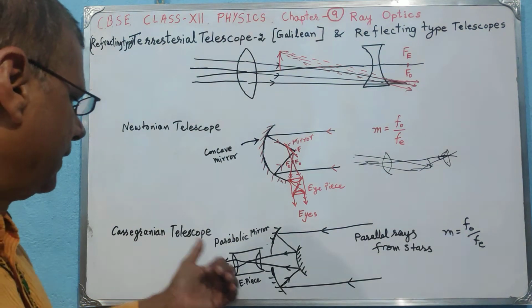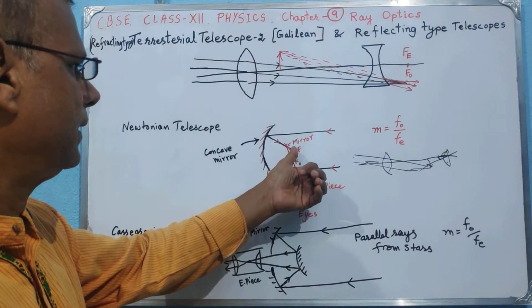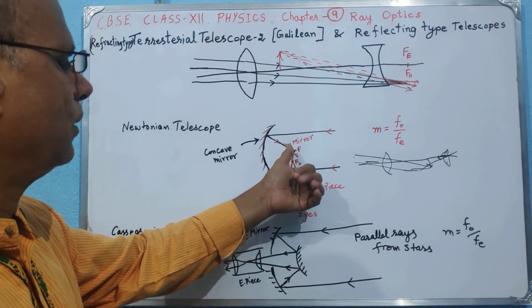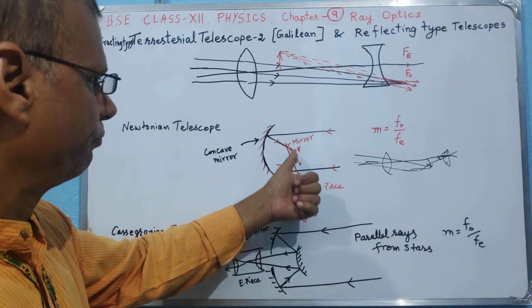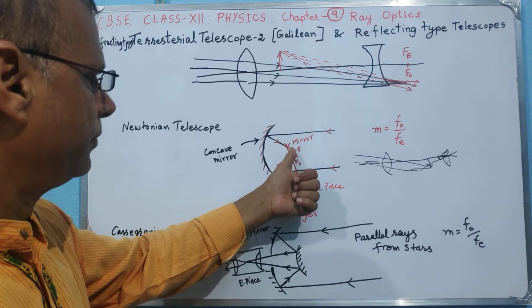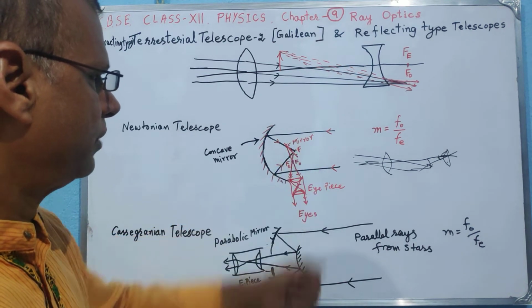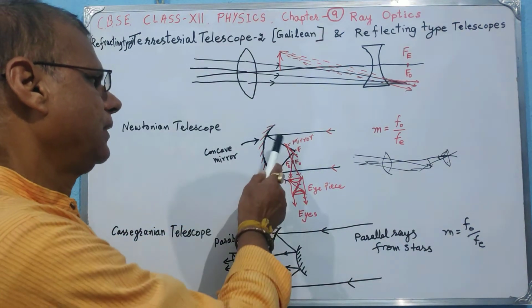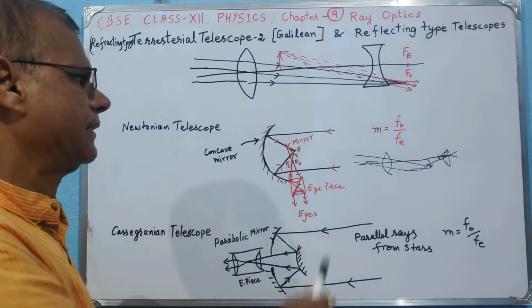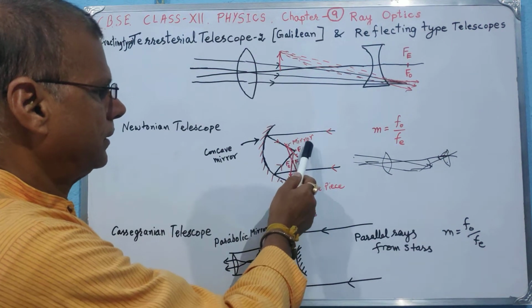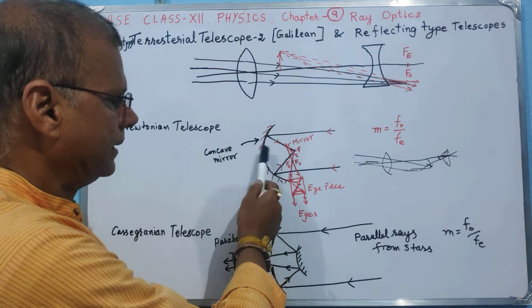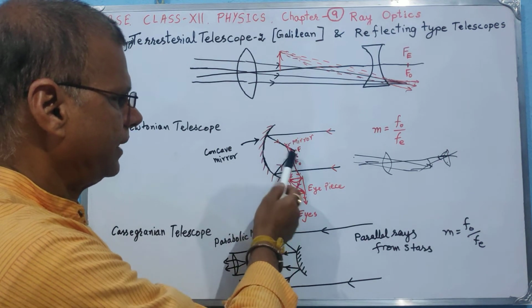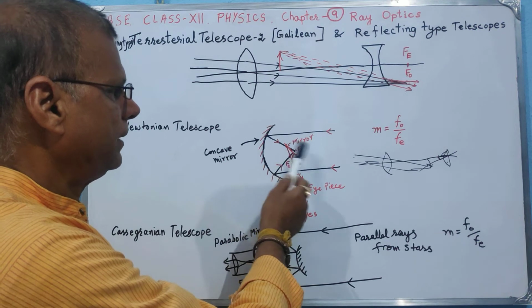Now in the Cassegrain telescope, one thing was observed: the mirror which is placed in the path of the light that was supposed to meet at point F itself acts as an obstruction for the light rays reaching the mirror and getting collected. This much amount of light ray was eliminated.